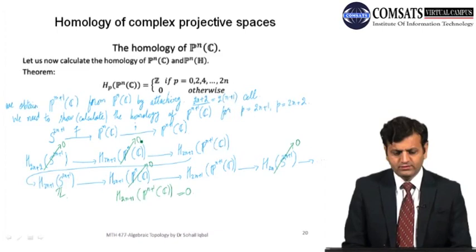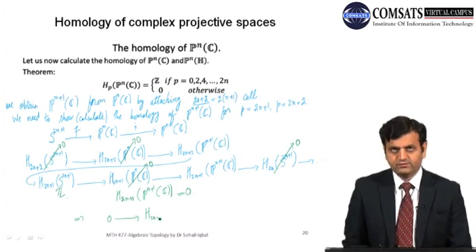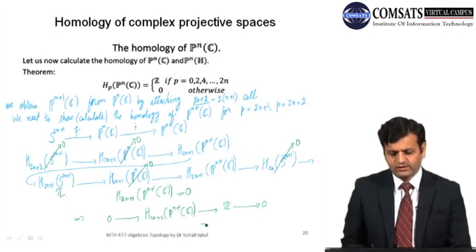There are also zeros on this side, so basically we have the following exact sequence: H_{2n+2}(P^{n+1}C) goes to Z goes to 0. From our discussions of homological algebra, this says that these two are isomorphic, so H_{2n+2}(P^{n+1}C) is isomorphic to Z.